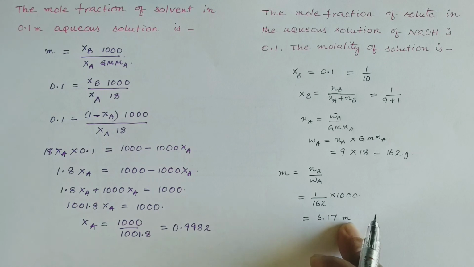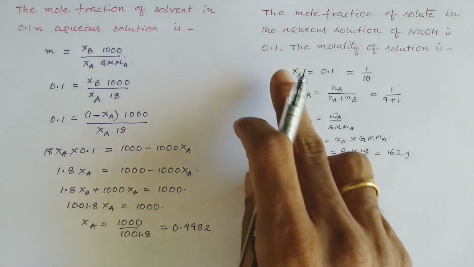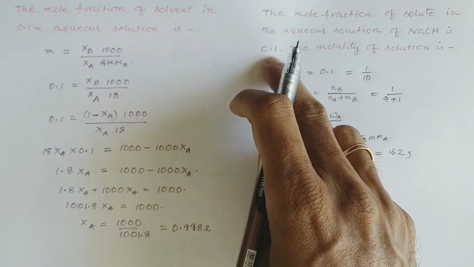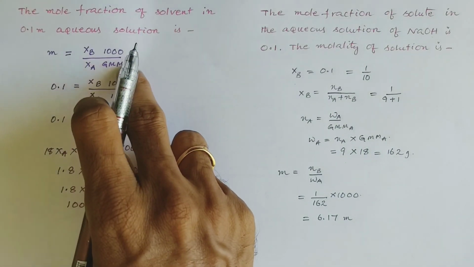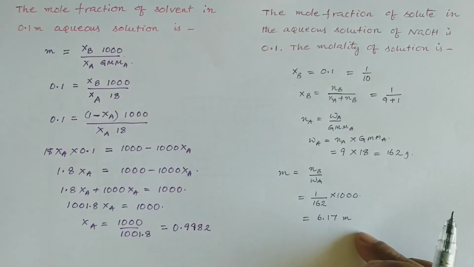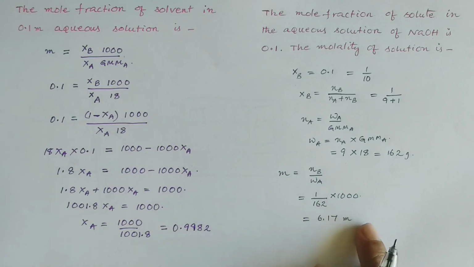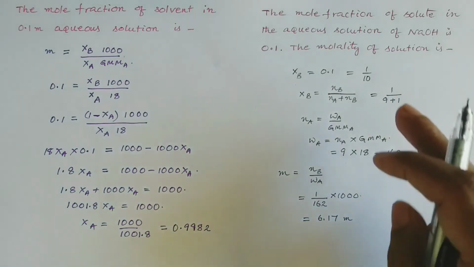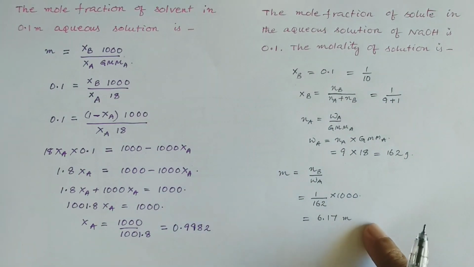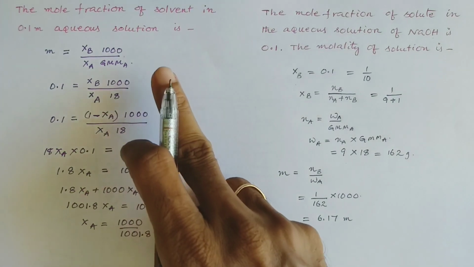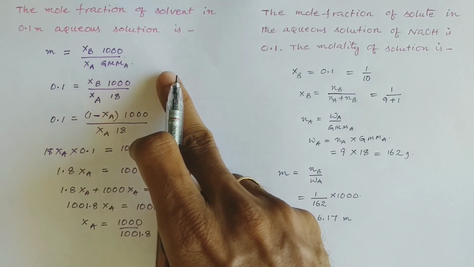So you can calculate molality when mole fraction is given by using either this formula, or you can use this procedure to get the answer. Okay, this is more useful for subjective pattern, and the formula is more useful for objective pattern.